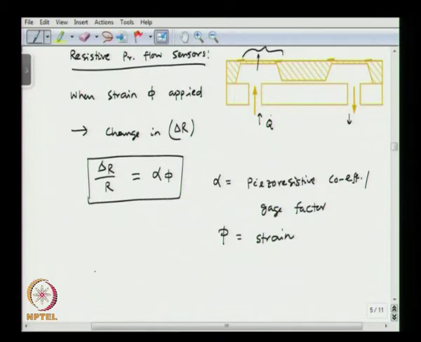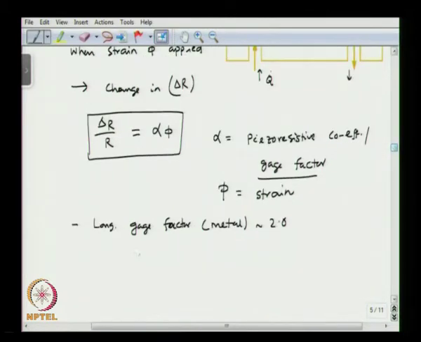And typically if you have a strain gauge, then the longitudinal gauge factor for metals is typically 2, and for polysilicon it is 10 to 40, and crystalline silicon is going to be between 50 to 150.